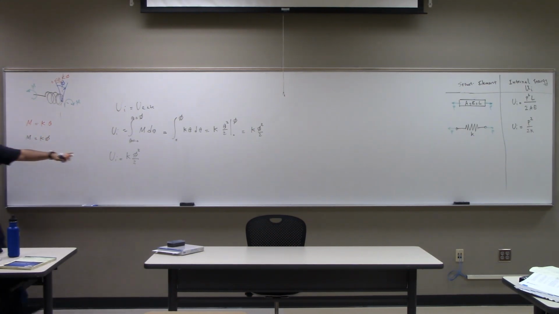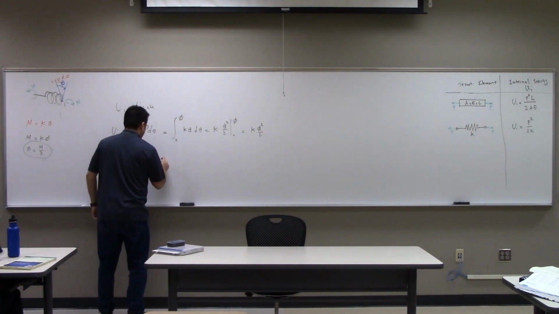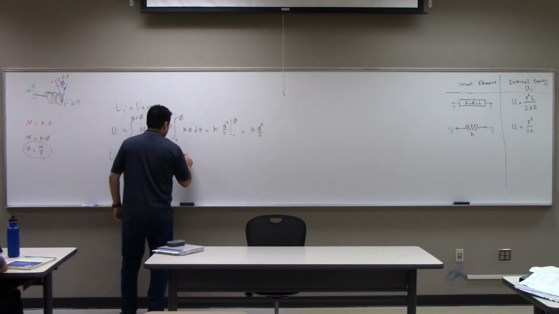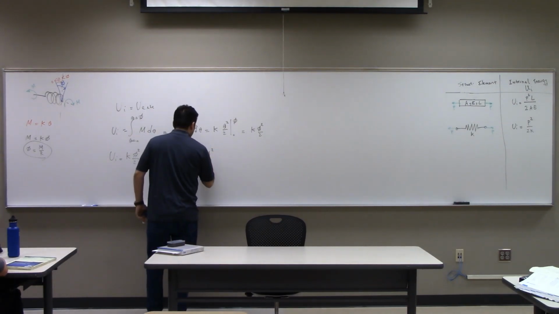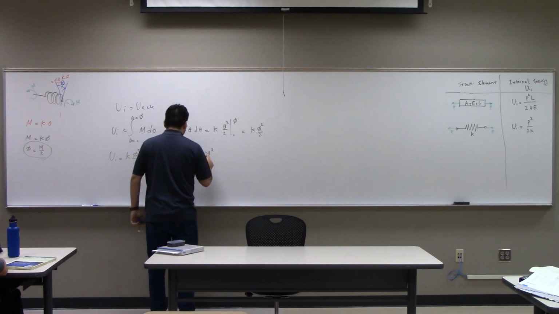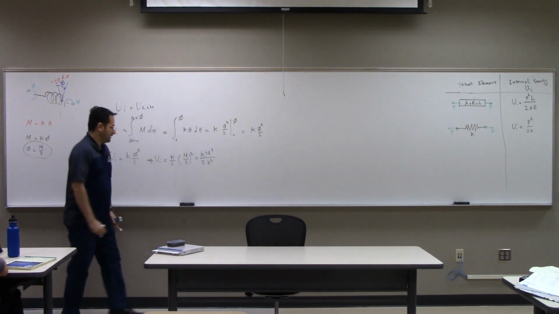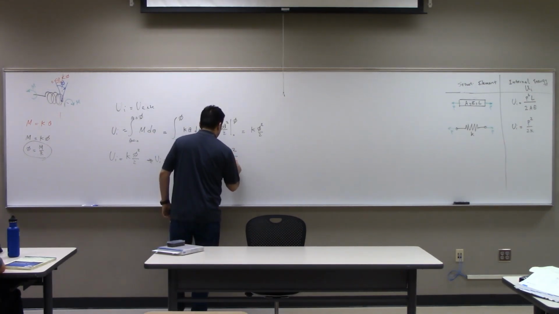So instead of phi, we can say phi is equal to M over k, and put it here. Then you get internal energy equal to k over 2 times phi squared, which is M over k squared, which is M squared over 2k.